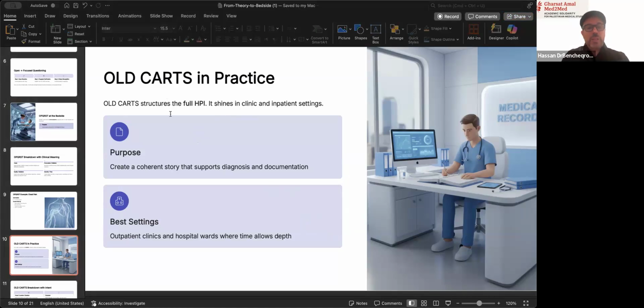What does this OLD CARTS do? It organizes the medical story, it gives clarity to the diagnosis, and it helps us document the HPI, which is the history of present illness. The purpose is to create a coherent story to support diagnosis and documentation.